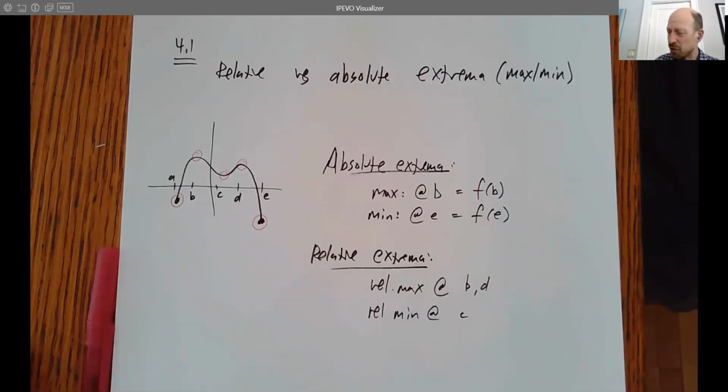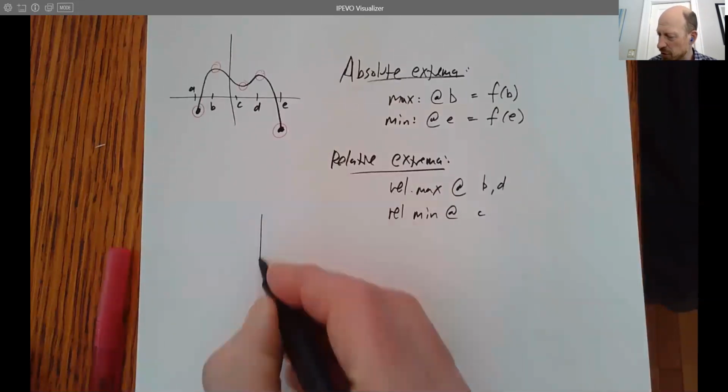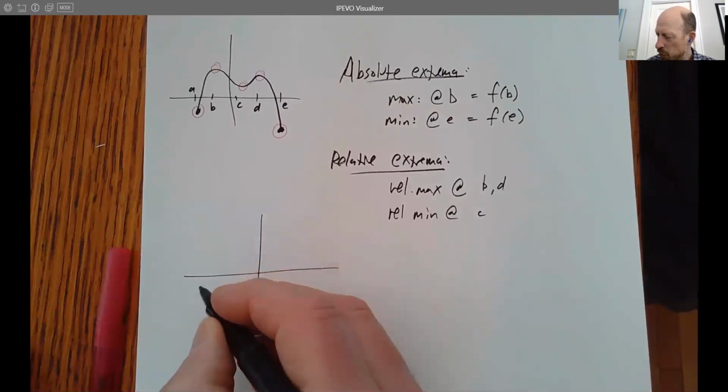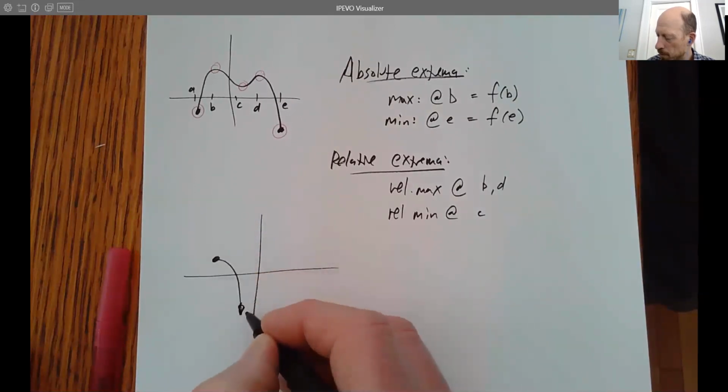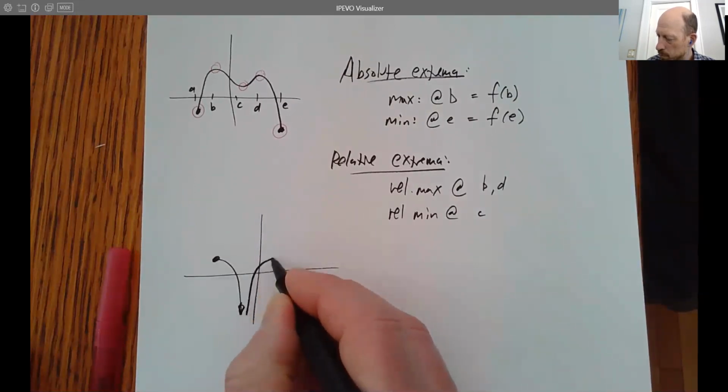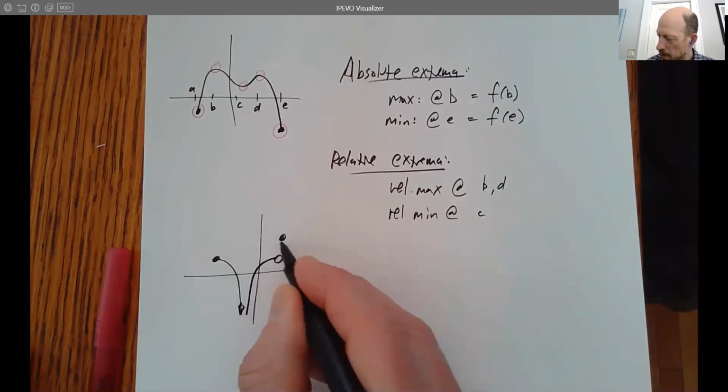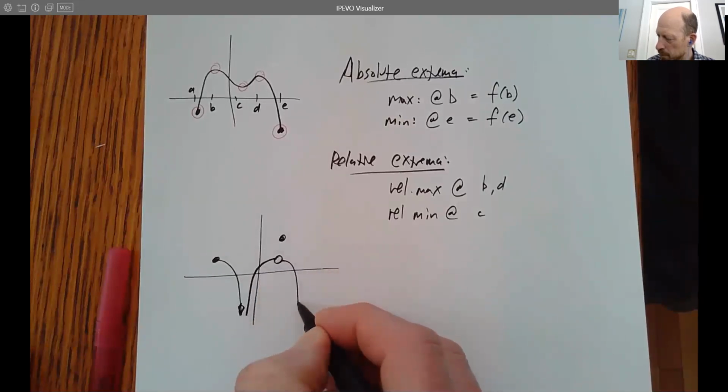And there can be more complicated situations here. For instance, let's say we have a function that looks like this. Let's stop it there.